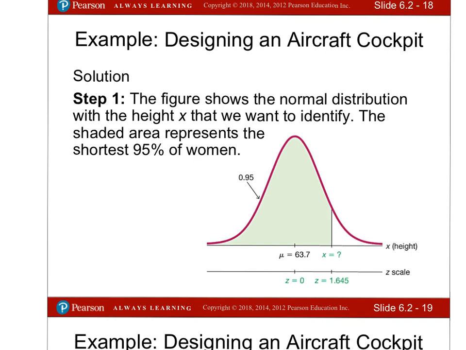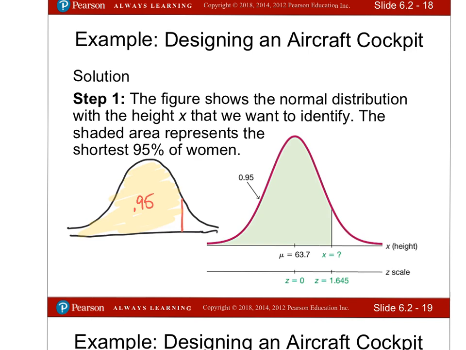So we've got our normal curve, and we want some boundary here so that this area is 0.95, right? We want this area to be 0.95.